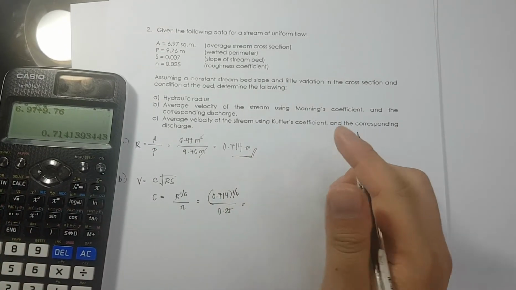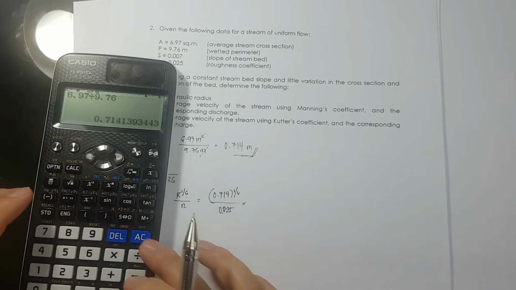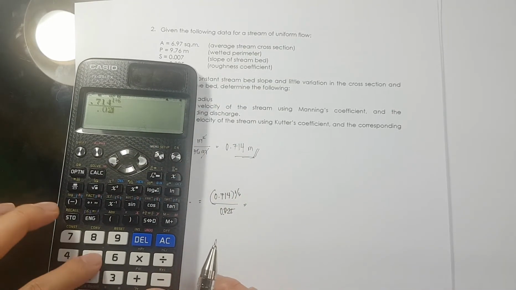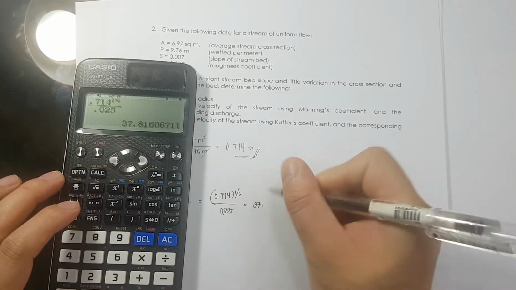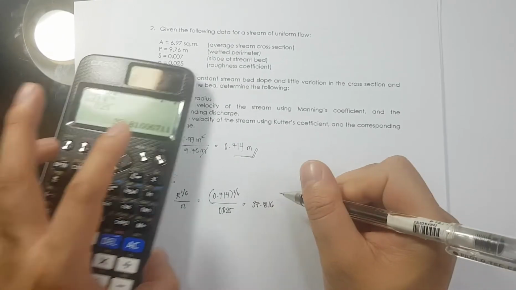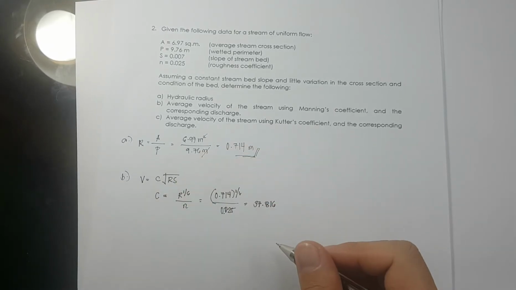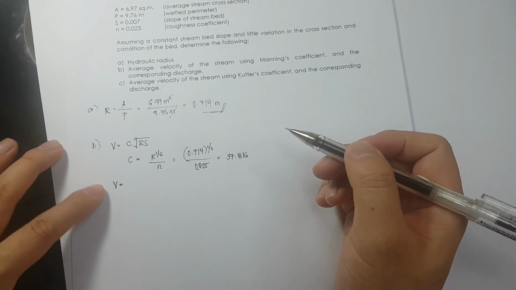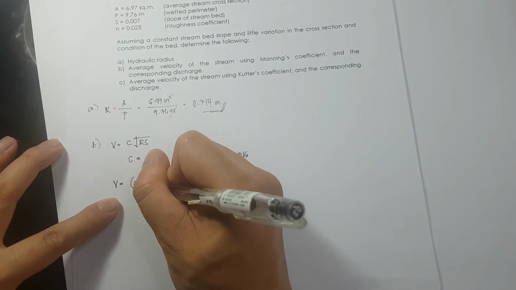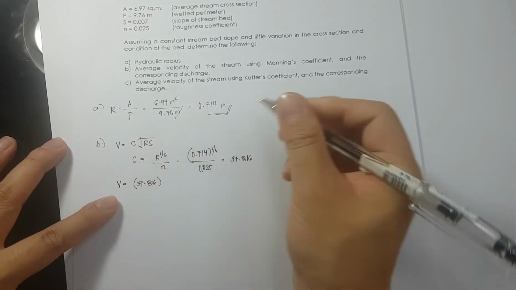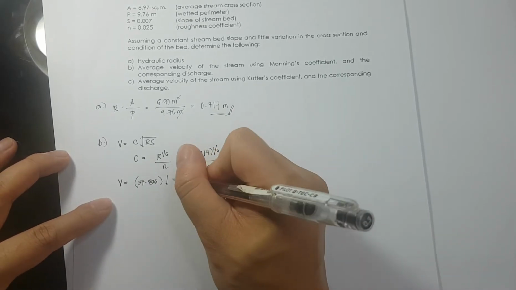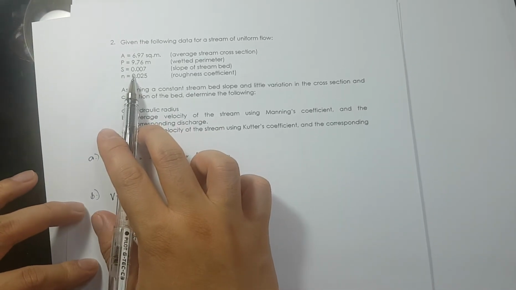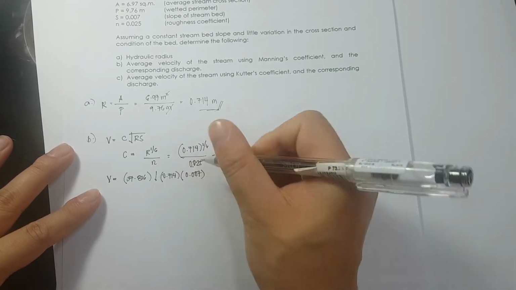So 0.714 raised to 1/6 divided by 0.025 is equivalent to 37.816, and that is our C. Now substituting the values, we can solve for V. V is equivalent to C, which is 37.816, times the square root of R, which is 0.714, times S, which is 0.007.